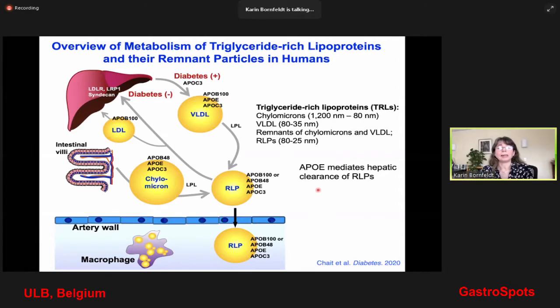And ApoE has several different functions, but one is to mediate hepatic uptake and clearance of RLPs. And these TRLs also carry different ApoC apolipoproteins, and ApoC3 will become important in a minute here.